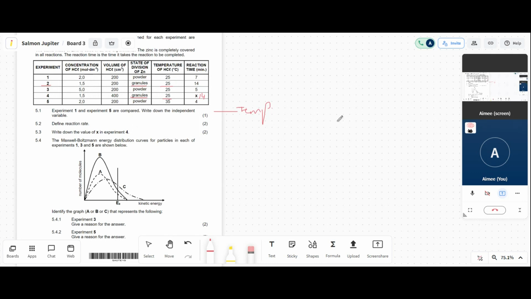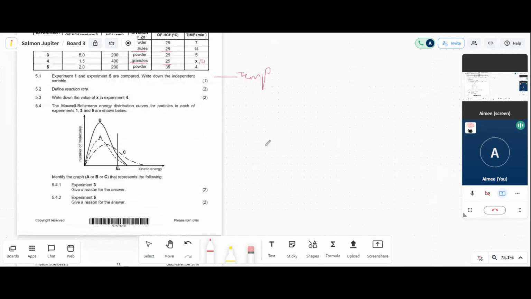Okay? Now we move on to 5.4. The Maxwell-Boltzmann energy distribution curves for particles in each of experiments 1, 3, and 5 are shown below. Identify the graph A, B, or C that represents the following. So 5.4.1, we're looking for experiment 3, and 5.4.2, we're looking for experiment 5.